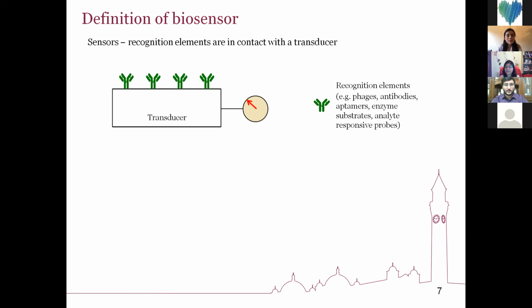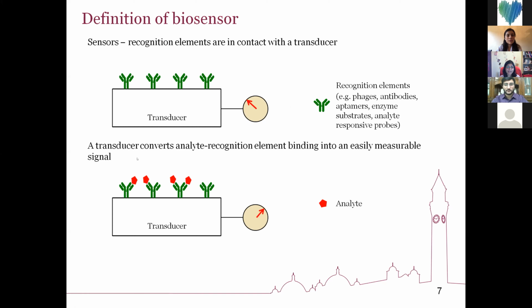So anything that can identify an analyte, because that gives you a specific signal. And this analyte recognition element binding is converted into an easily measurable signal by a transducer. And if I say biosensor, these recognition elements are of biological origin.